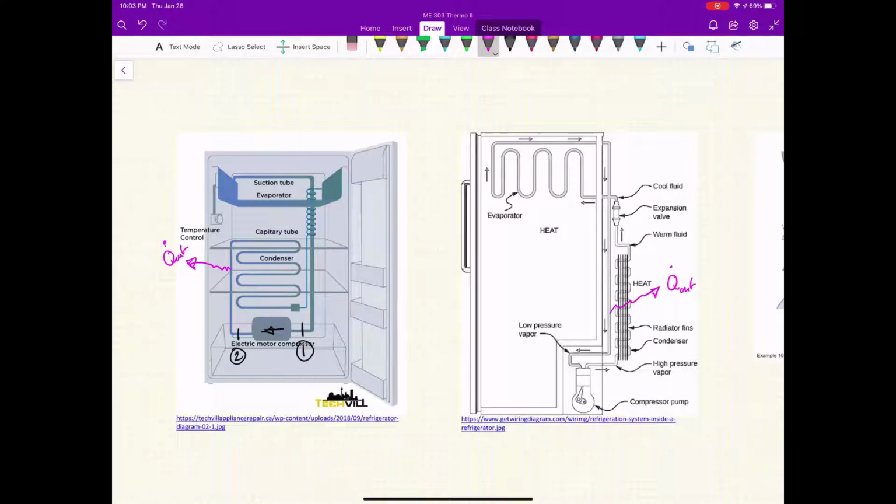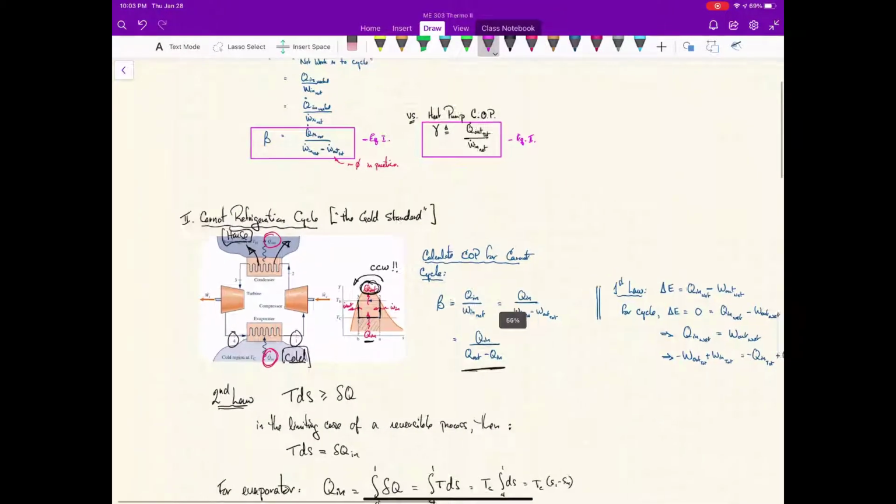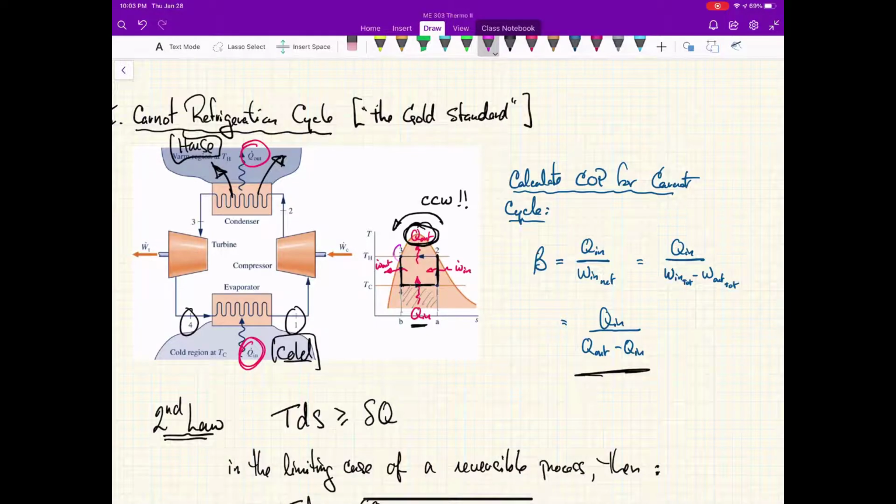Up until the refrigerant is essentially a saturated liquid, which is going to happen once we reach this transition point right there. Now, if you recall in the Carnot cycle diagram, let's go back up here and look at it quickly. This is the point at which we're at here, point 3.